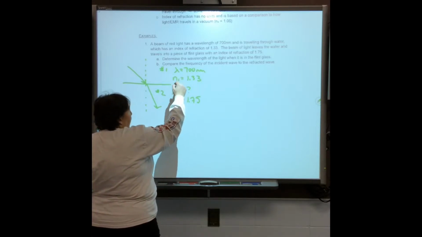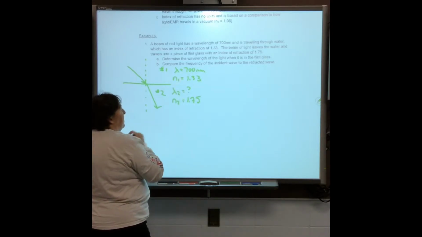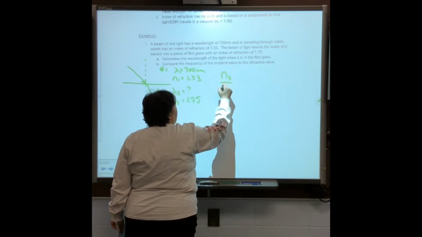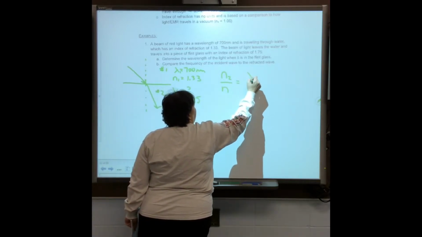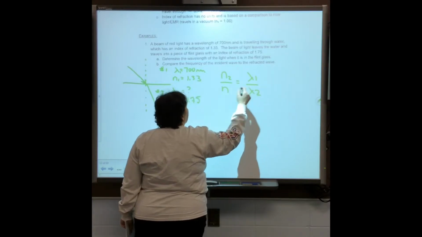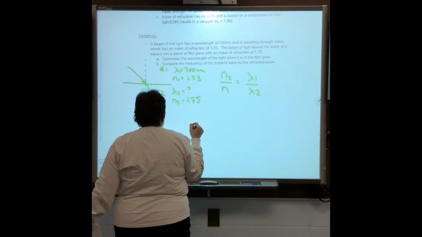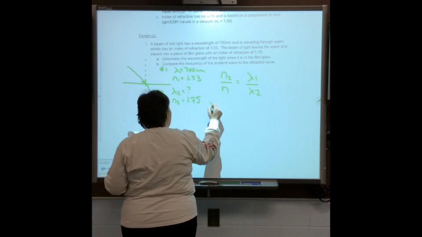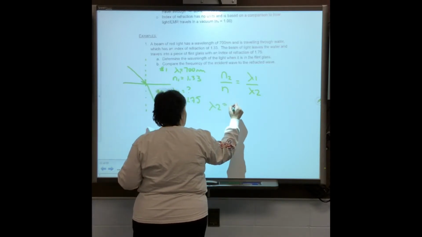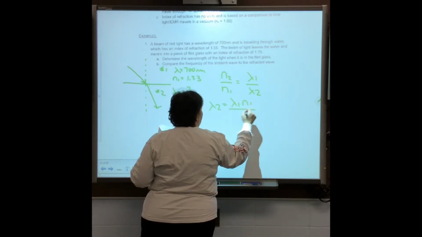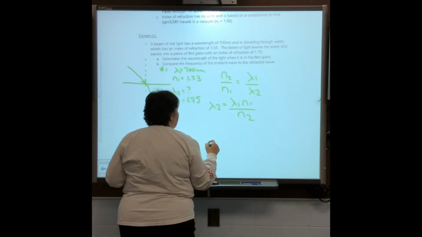So how do we look at it? Knowing that we're looking at index of refraction and wavelength, we know that we can have N2 over N1 equal to lambda 1 over lambda 2. And we're going to isolate for wavelength 2. So wavelength 2 is going to be equal to lambda 1 times N1 over N2.